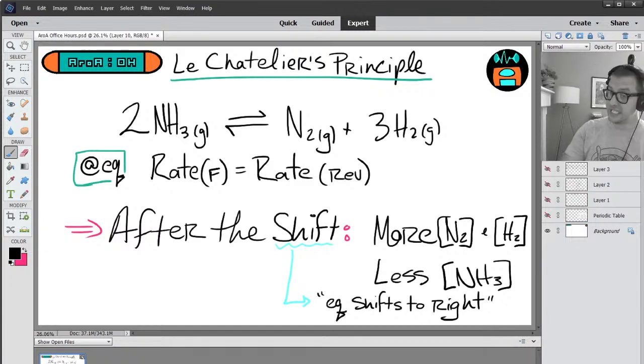All right, this is an example of Le Chatelier's principle.